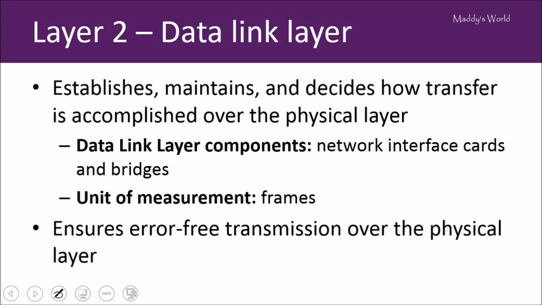Data link layer components are your network interface cards and bridges, which are technology that we'll talk about a little bit later as well. And the unit of measurement here is frames. The data link layer is responsible for making sure that data is transferred properly and that there aren't any errors that occurred during transmission, right? So that when the computer or the device on the other side receives that data, it is whole and prepared to be turned into the beautiful files that we see on screen.